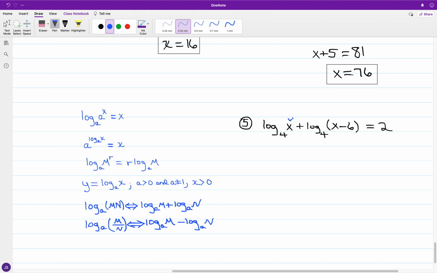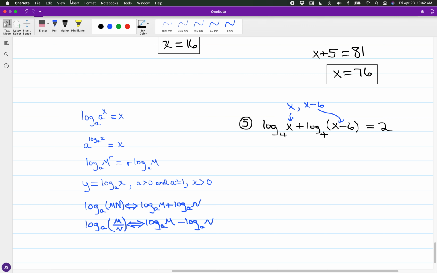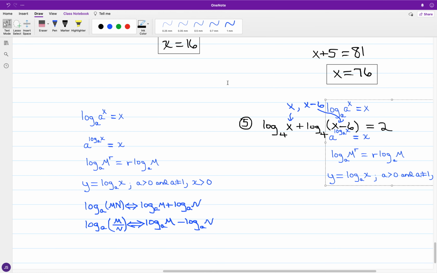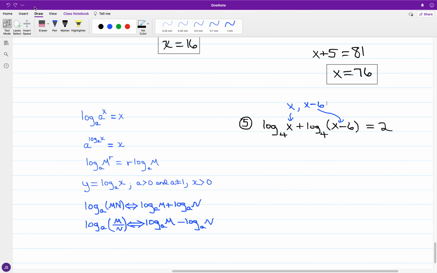Again, this might seem like a little bit of a broken record. I just want to mention that we have the attachments for x and x minus 6. Both x and x minus 6 must be positive.